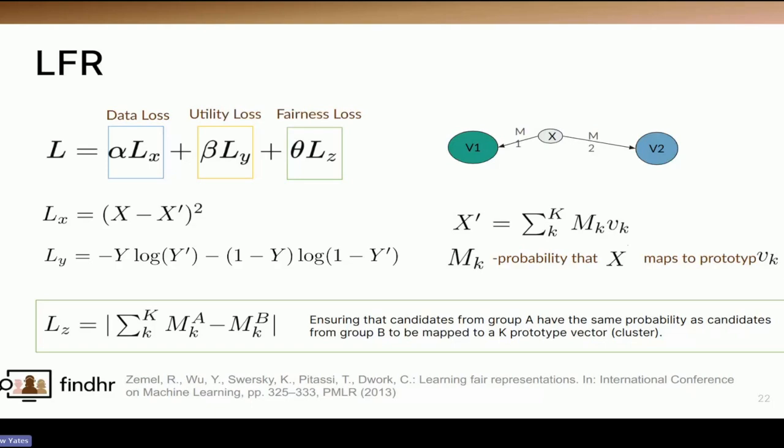So the idea here is that these clusters we create, or these prototype vectors, don't encode sensitive attributes, that regardless of the group a person belongs to, regardless of their sensitive attributes, they're equally likely to be mapped to any of the clusters. So this is trying to avoid a situation where the clusters themselves simply encode some sensitive attribute that we would not want to make a decision based on.